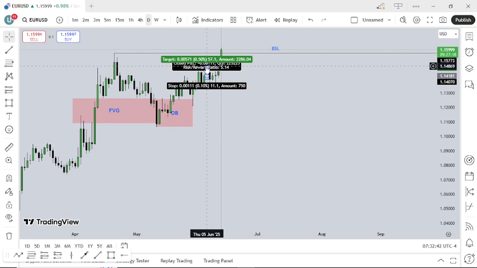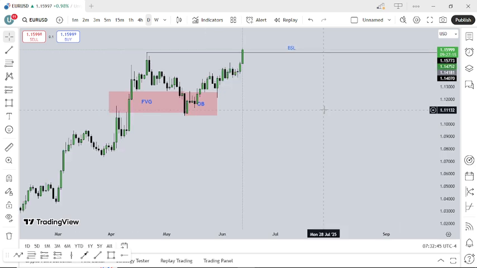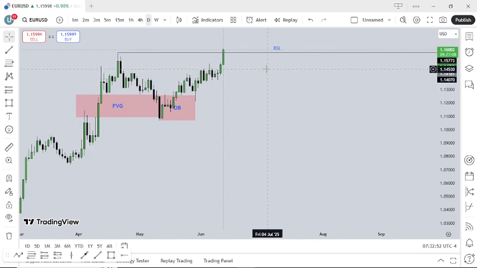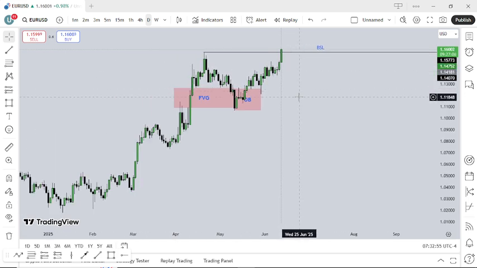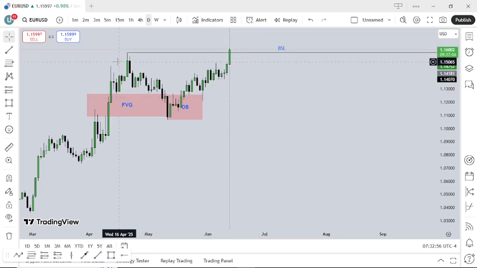We called this out last week Saturday that we were expecting this buy side liquidity to be taken out. Today, during the London session, we've seen that that point has been taken out.